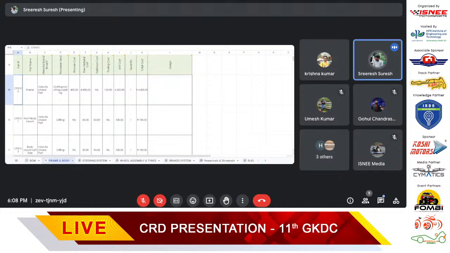The process cost was 400 rupees. Collection of raw materials 4,000 rupees. The transportation of raw materials and all are included in the process cost. So the raw material itself cost 4,000 rupees. Tooling cost around 100 rupees for renting of some tools that we don't have. Total unit cost 4,500.